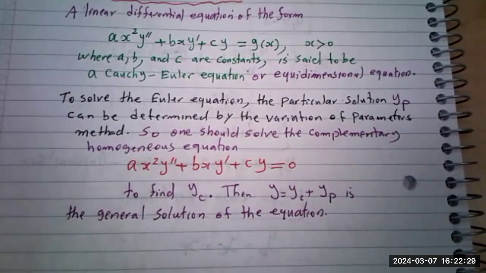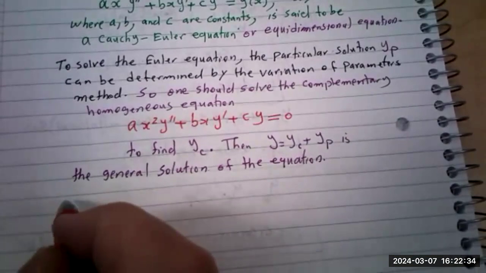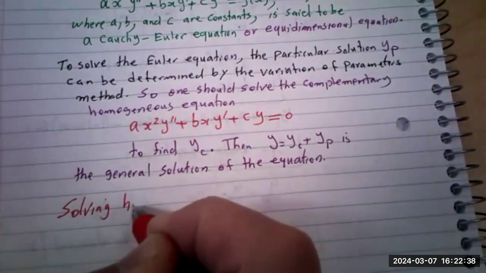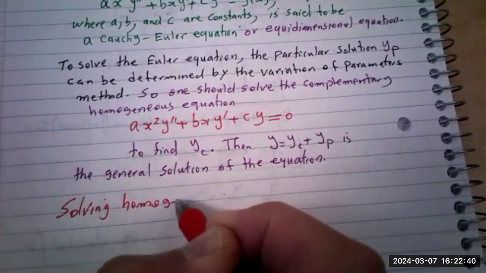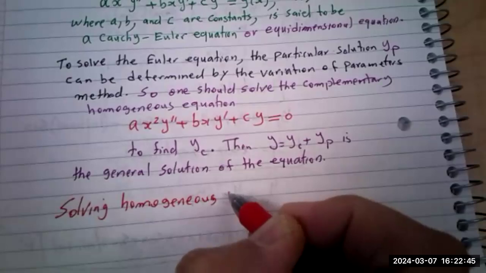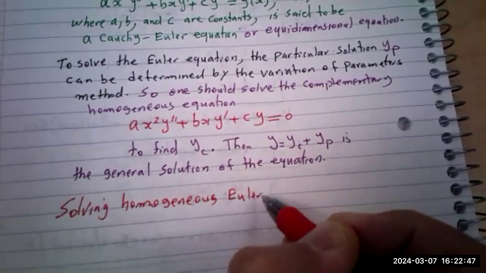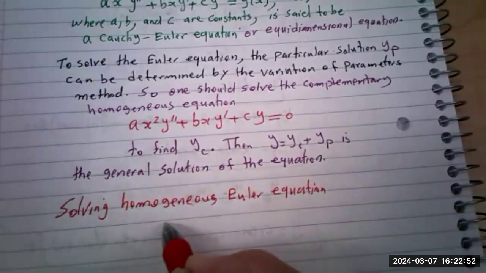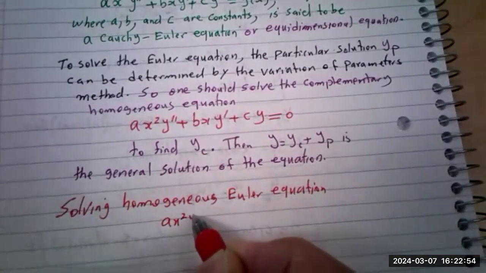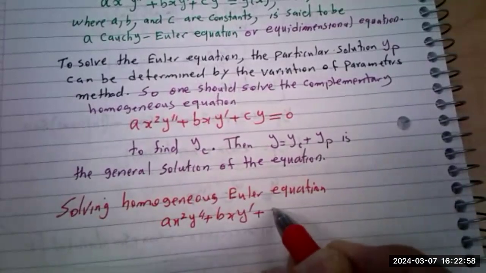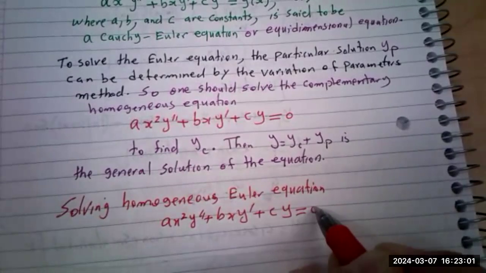So now we change it to the homogeneous and we focus on the homogeneous. Solving the homogeneous Euler equation, which is this one. I repeat it again: a x squared y double prime plus b x y prime plus c y equal to 0.